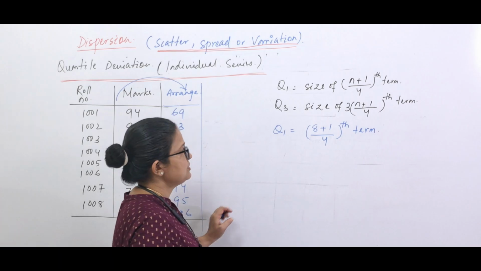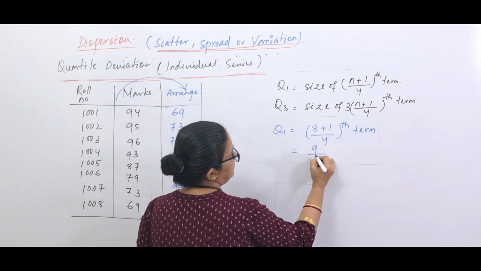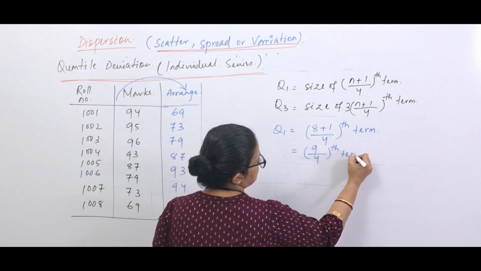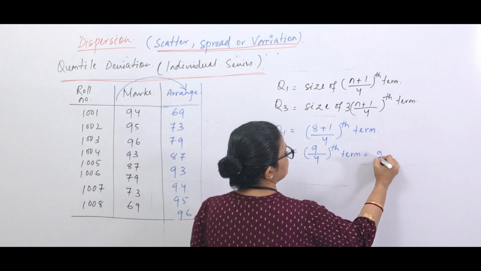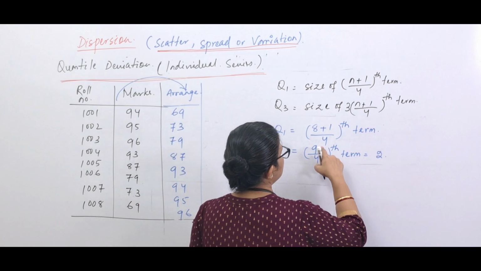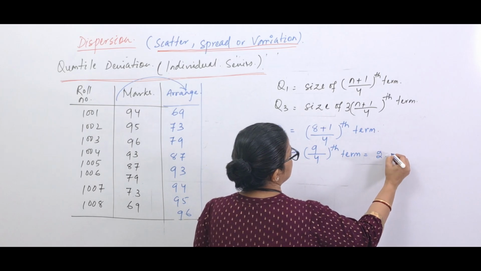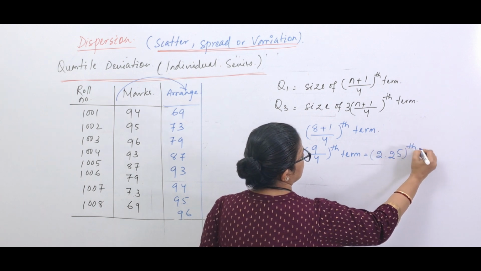This is for an individual series. What do we need to find now? This is the 9 by 4 th term, which is equal to 2.25th term.